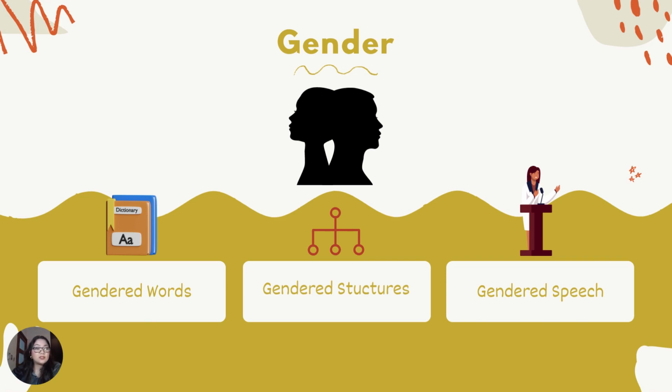Next, we have gender structures. This has to do with the prestige someone demonstrates when speaking correct grammar structures. According to studies, women are less likely to use slang because they are more aware of social status and how others may judge them if they don't speak correct grammar.